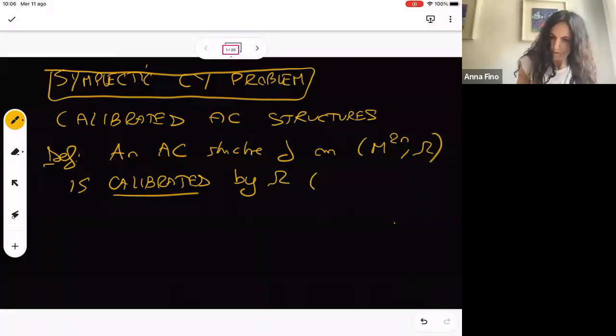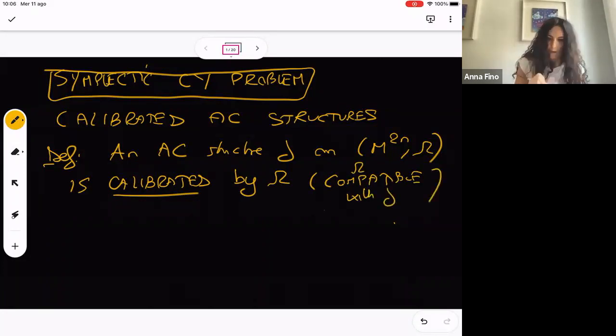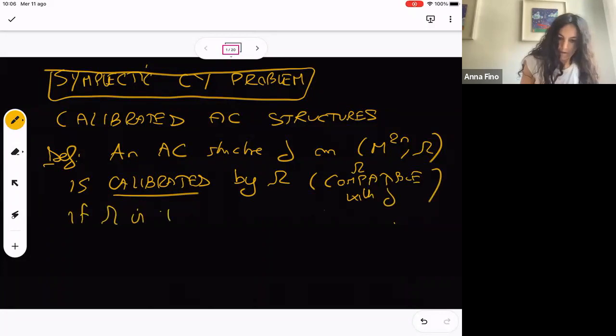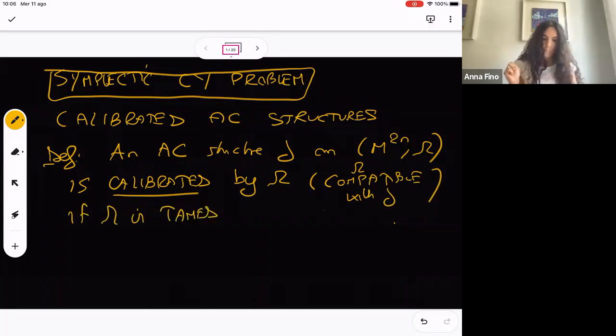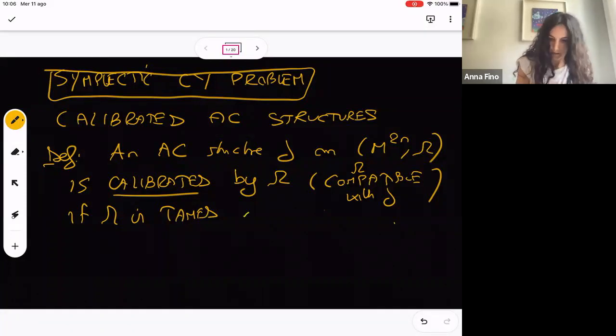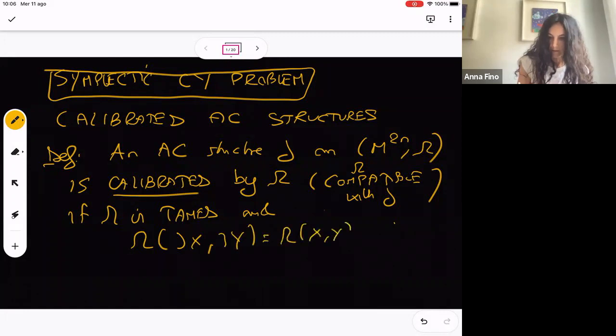Sometimes I will also call it omega-compatible J. We already talked about the first condition: that omega(1,1) is positive, plus the condition that omega is of type (1,1) with respect to J. And we have this condition, omega(Jx, Jy) = omega(x, y) for any x and y.